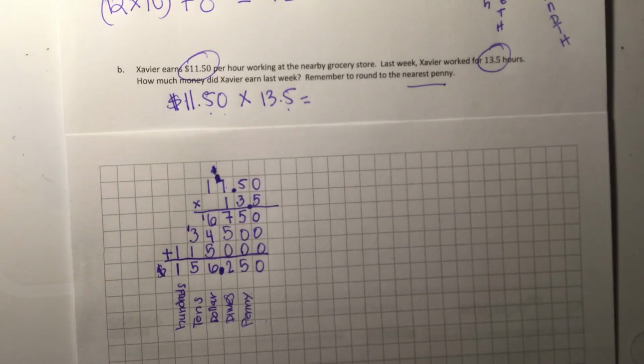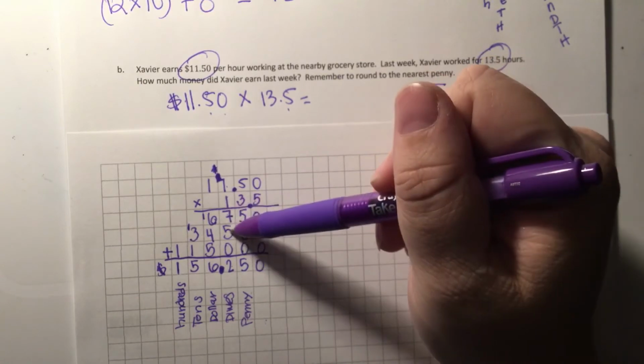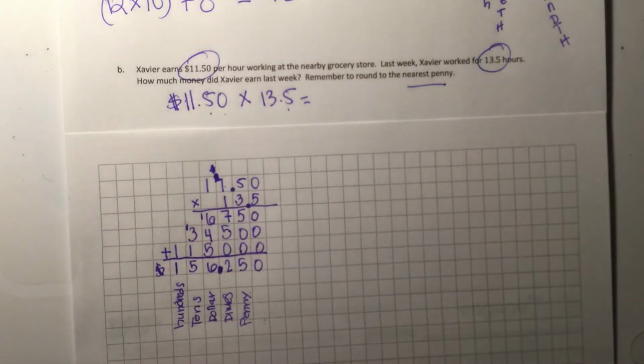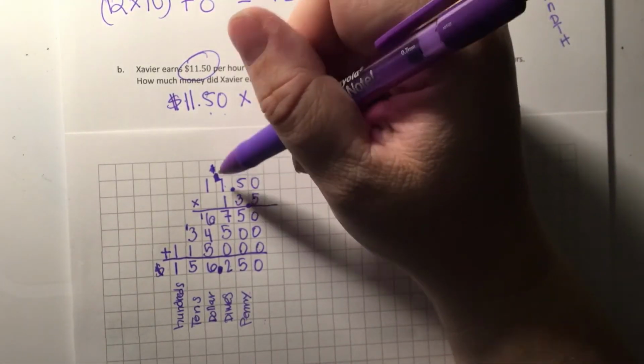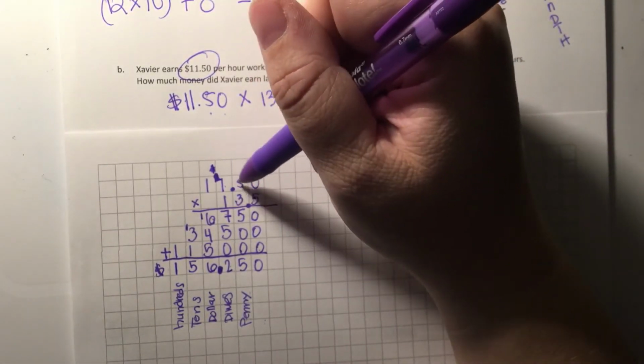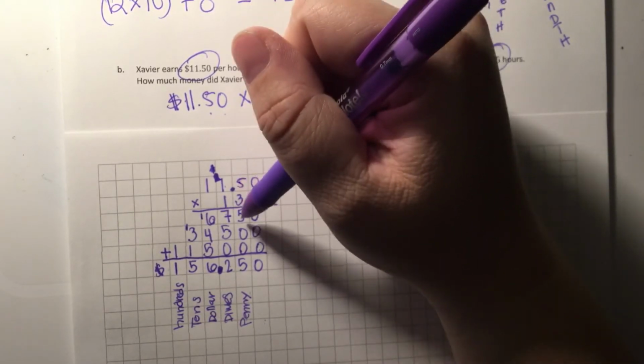Oh goodness, guys, I'm gonna lose my brain. It's 11.50. Yeah, 6. That's 12, right? 5, 7, and 5 is 12. 6. Maybe this is wrong. I'm gonna double check my math, guys. Here we go. So 5 times 0 is 0. 5 times 5 is 25.